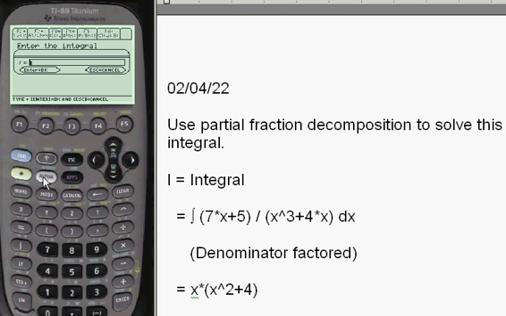You enter the integral by pressing alpha. In any one of my programs, you have to press alpha first. So you press alpha, and then the left parentheses, and then the 7 times x, and just plus 5, and then the left parentheses.